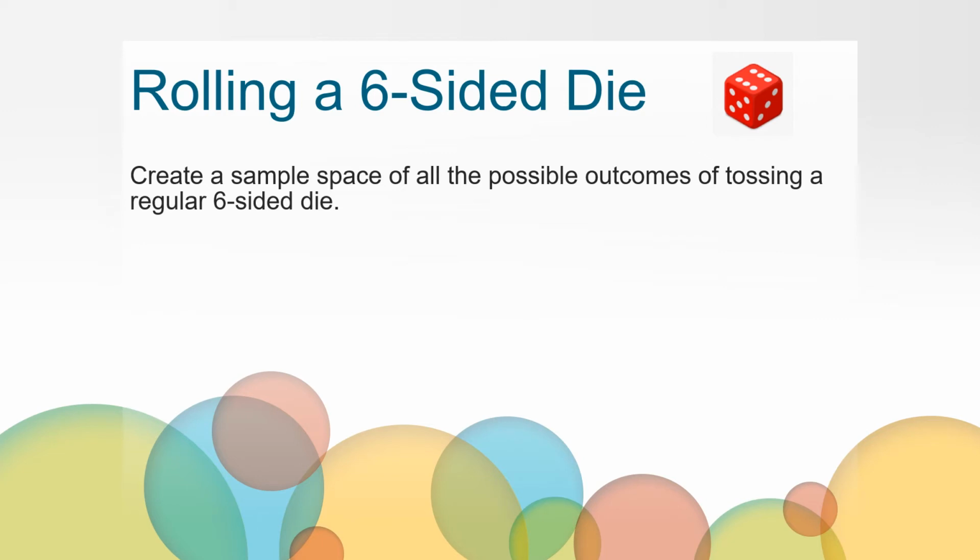All right, there are exactly 6 possible outcomes. You should have created a list with these numbers: 1, 2, 3, 4, 5, and 6.